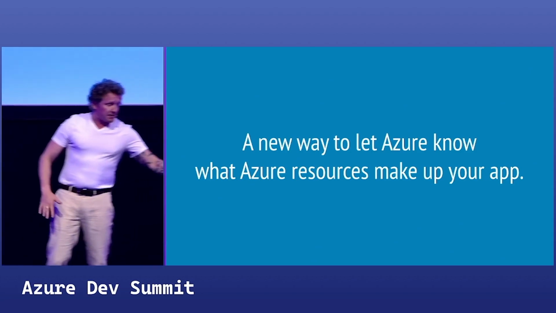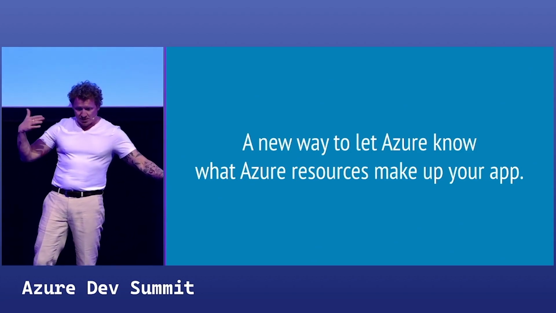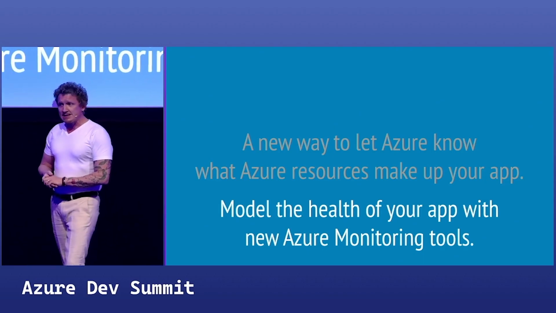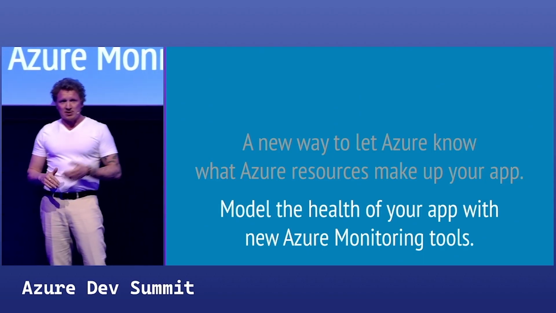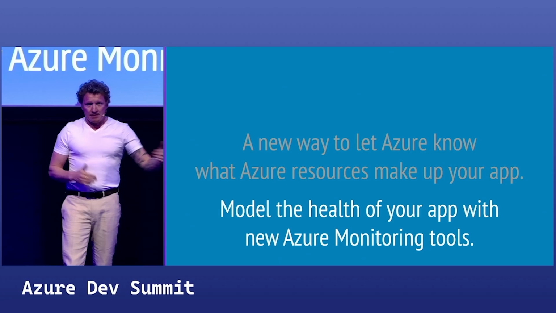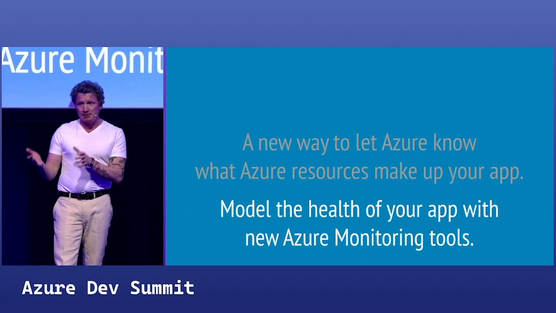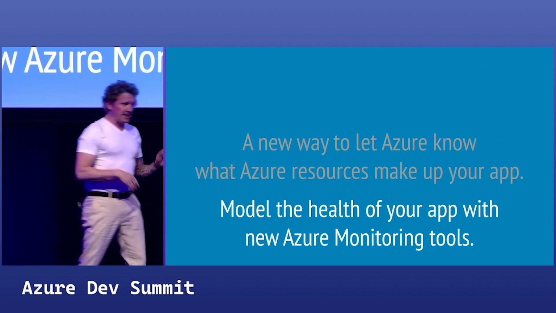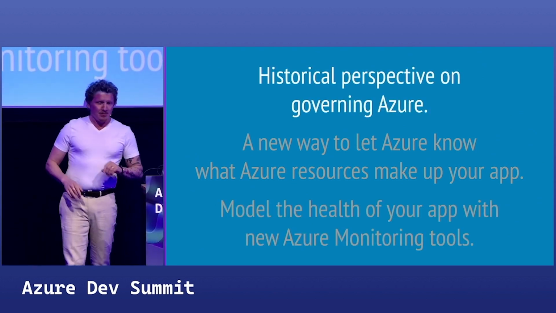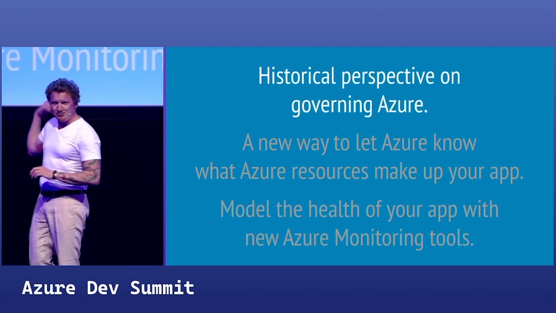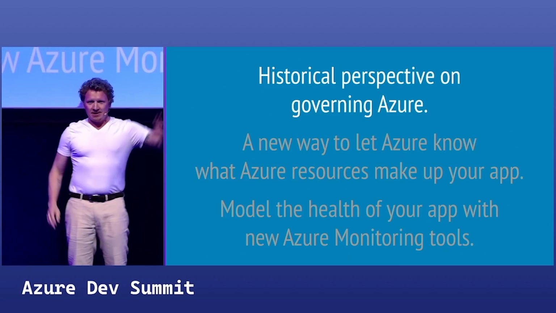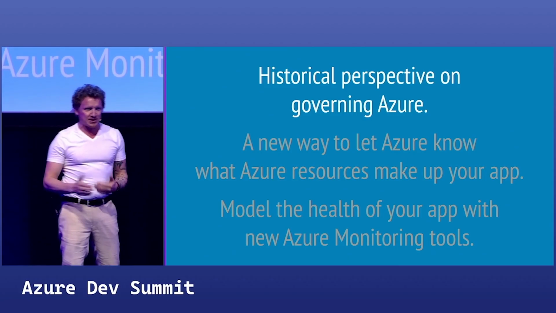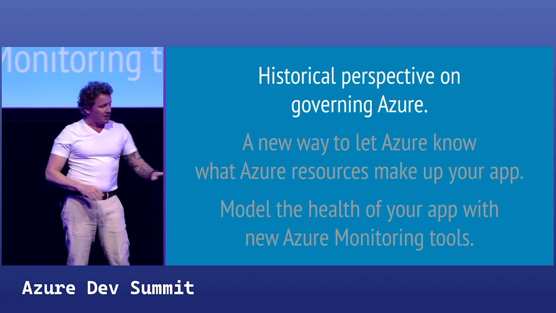And then once we have these so-called service groups that I will talk about, other teams inside of Microsoft can start taking bets on that and building new experiences like health modeling, right? So we're going to talk about those two things, but I do want to start with a little bit of a look in the rear view, and we'll get some light stretching going in the audience, and then see if you can figure out when certain services were created in Azure.